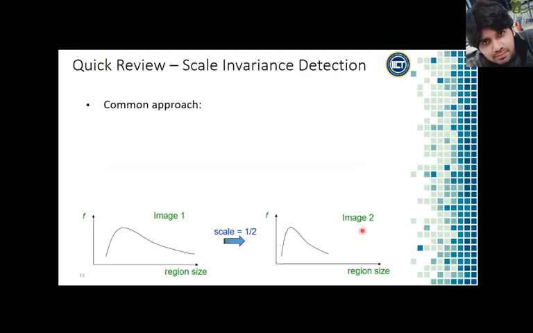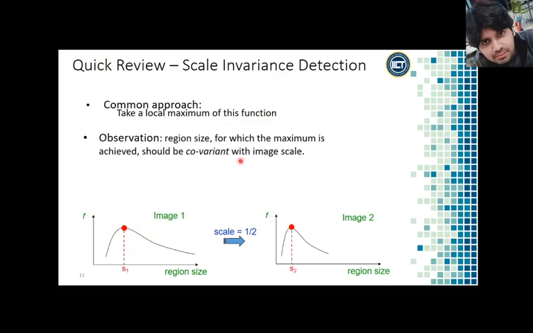So the common approach would be to take a local maximum of this function like this. We have taken the local maximum of both the functions. The region size for which the maximum is achieved should be covariant with the image scale.